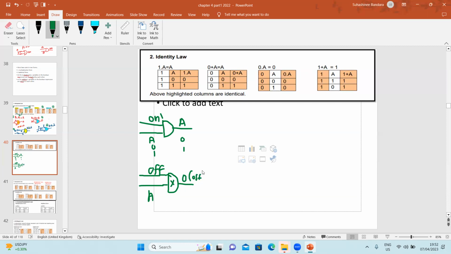Okay. Then next type, addition. Now I am drawing this one, 1, and I drew the third one, 1 and 3.